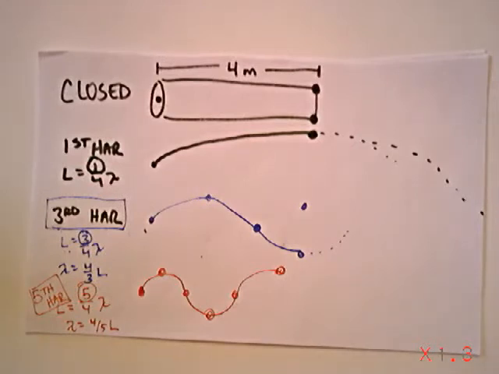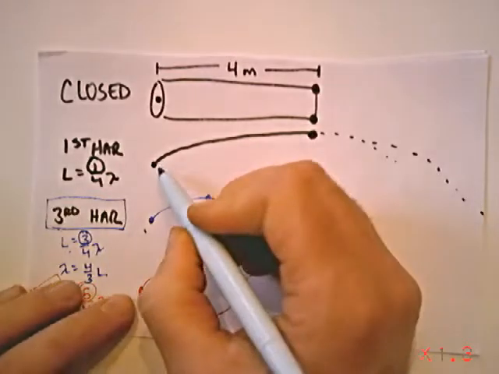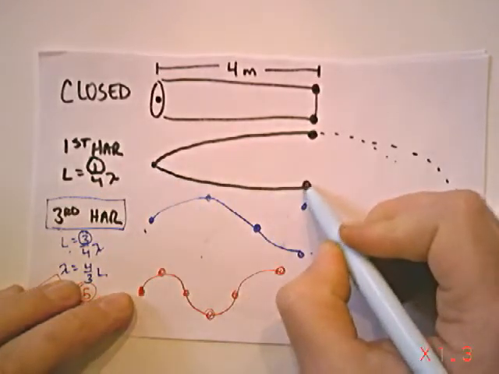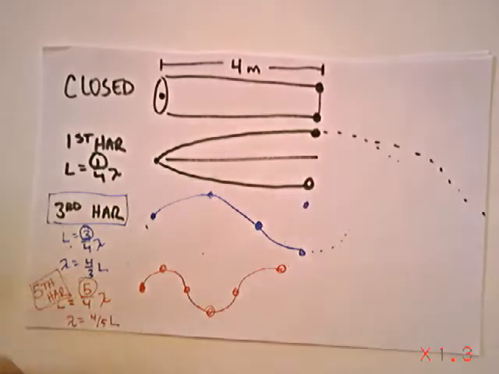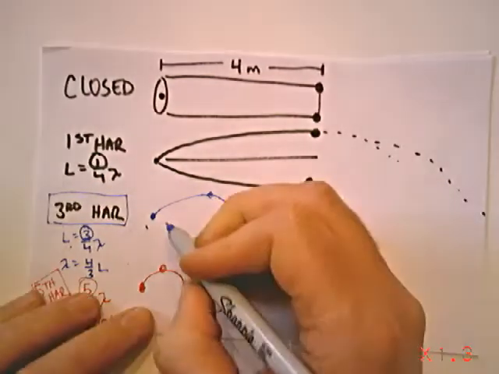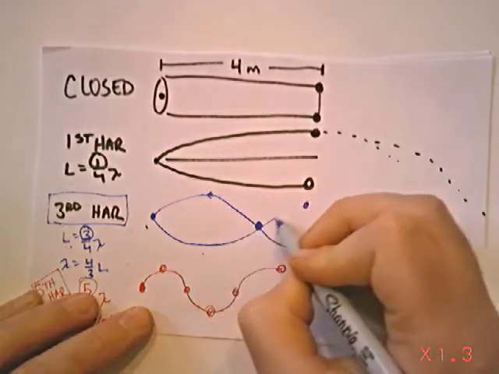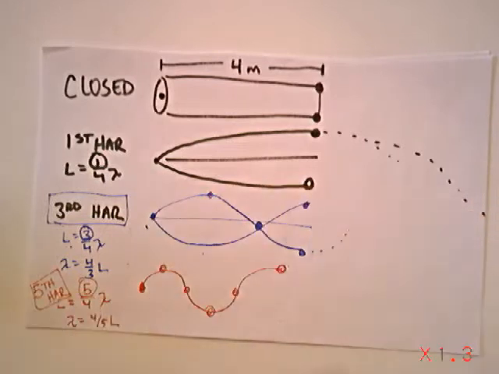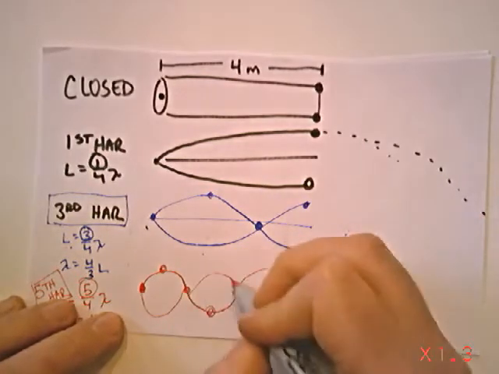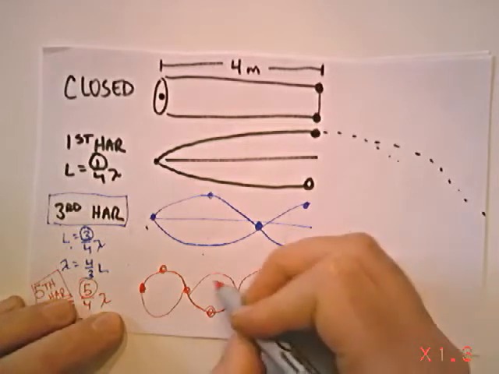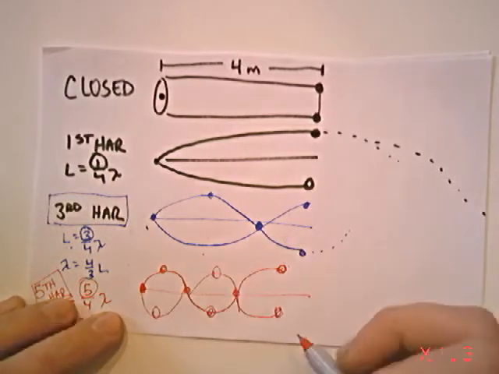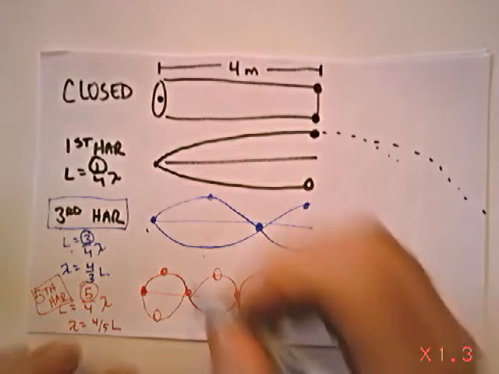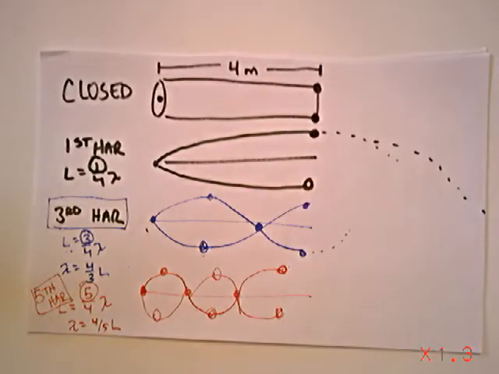So if I want these to look kind of like it does inside the pipe, I would continue it out like that. Fill in that action there.